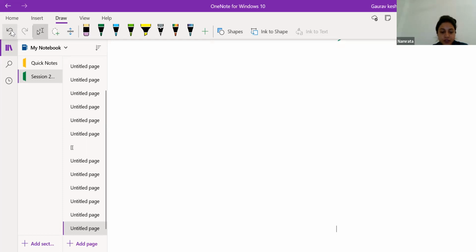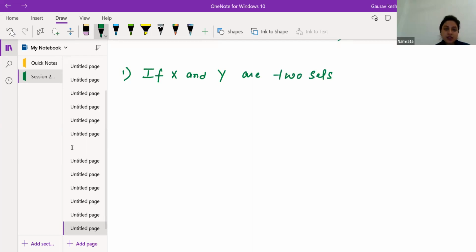Yeah, practical problem on union and intersection. So the first problem can be: if X and Y are two sets such that X union Y has 50 elements.